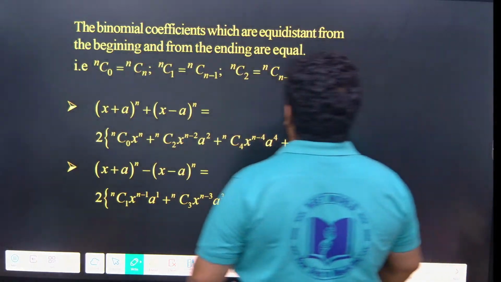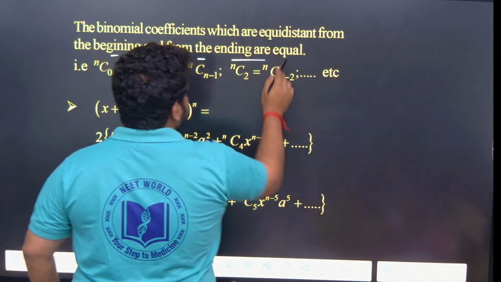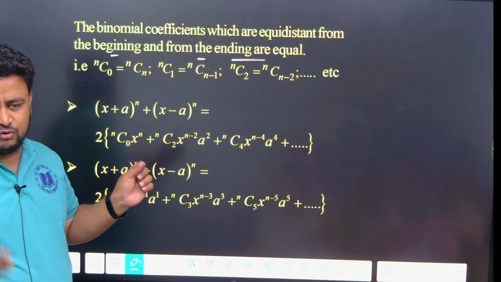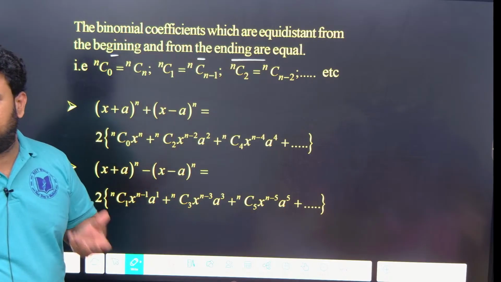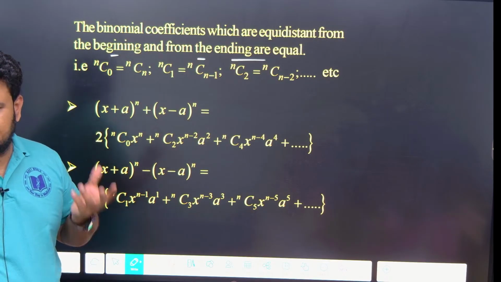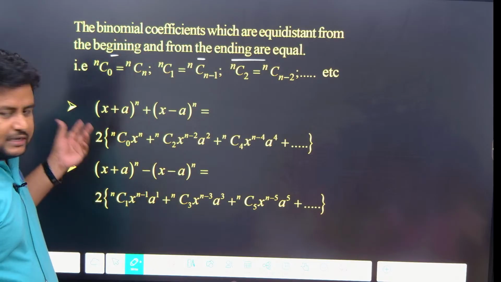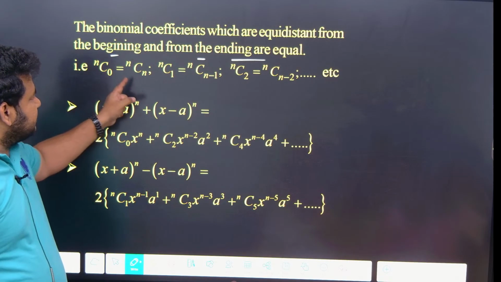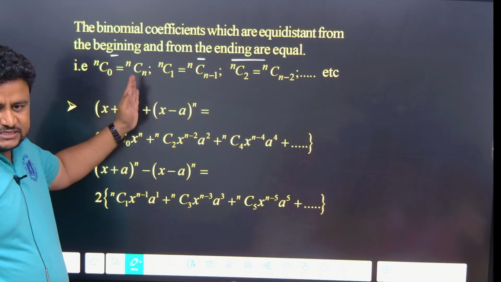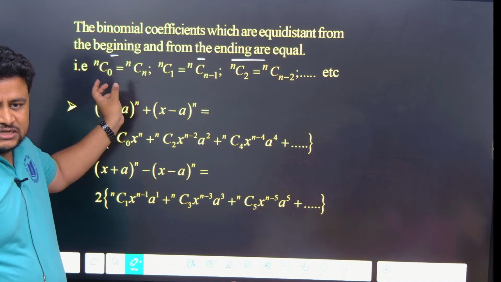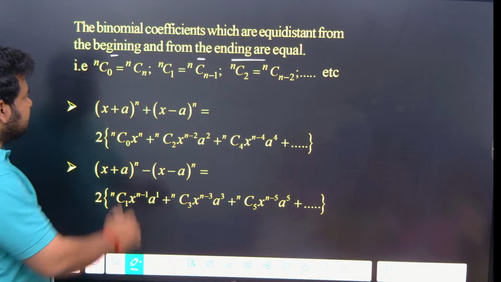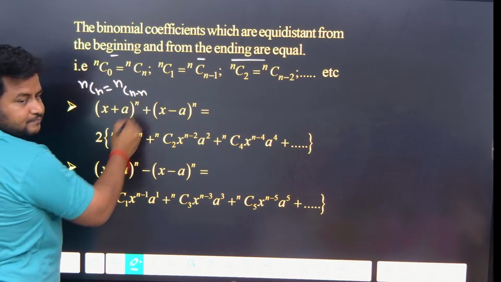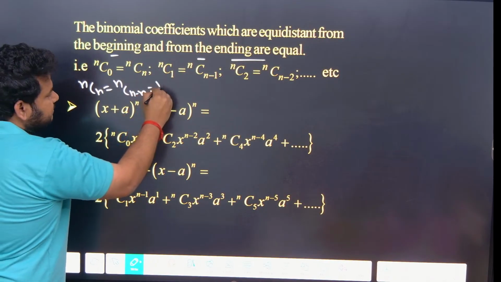Now let us go to the binomial coefficients which are equidistant from the beginning and from the ending are equal. That is, nC0, nC1, nC2, nC3, they are all binomial coefficients, and x, y are variables. Now nC0 is the first term and nCn is the last term, they are equidistant. nCn can be written as nC(n minus n), which is equal to nC0.